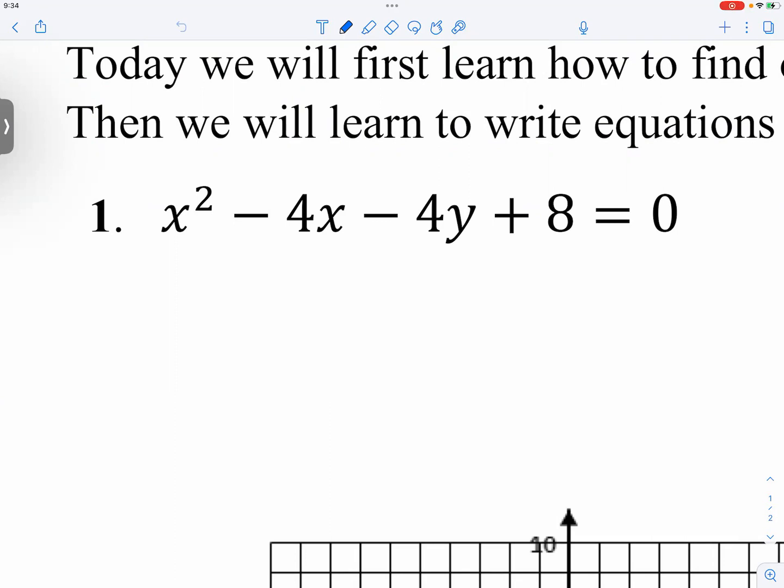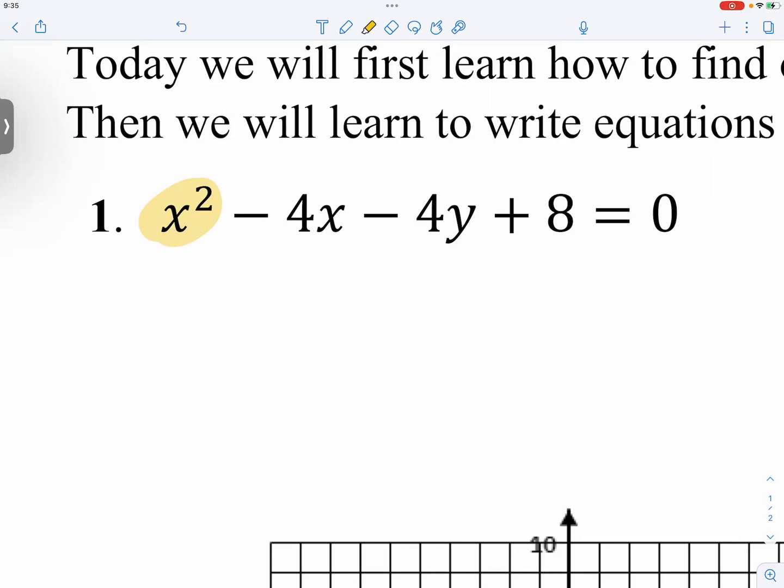I would say it might be positive, but something even more obvious. It opens what? Again, we're not sure, but we know one thing that is. It must be vertical, because the x is squared. Okay, we know it's vertical, but is it opening up, opening down? We will find out. We don't know yet.